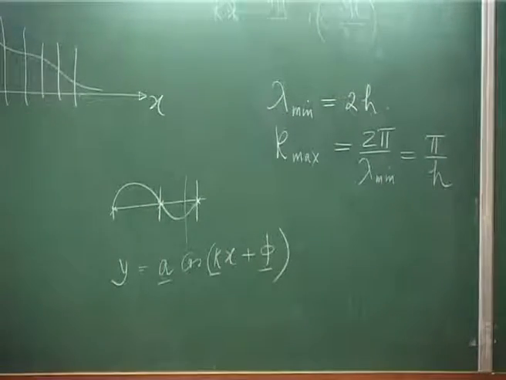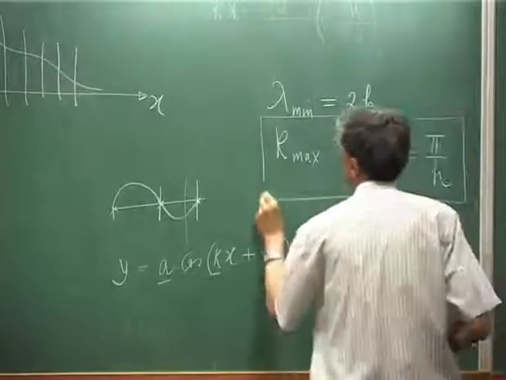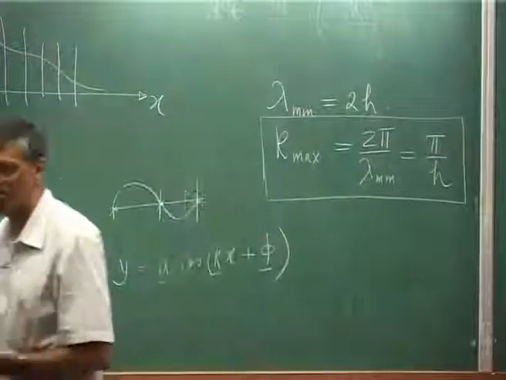So, having picked up a grid, a discretization which is characterized by spacing h, I immediately can say that the maximum wave number that I can resolve is this. This is what is called the Nyquist limit.